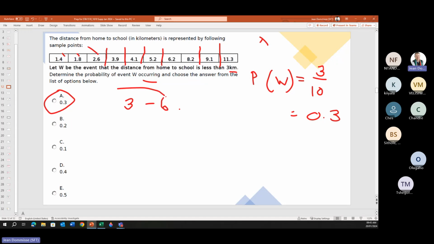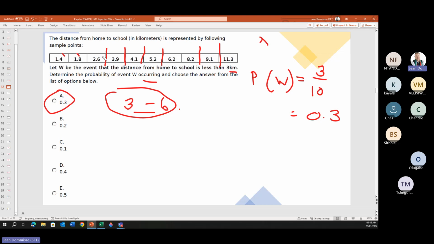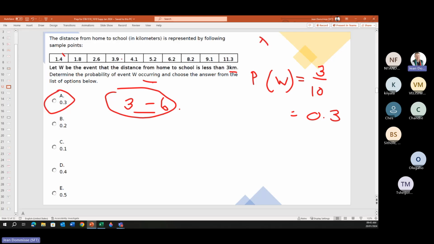Okay, so what's the probability between 3 and 6? Then it could have been, and let's see how many is between 3 and 6. There's 1, there's 2, there's 3. So probability between 3 and 6 is also 3/10.